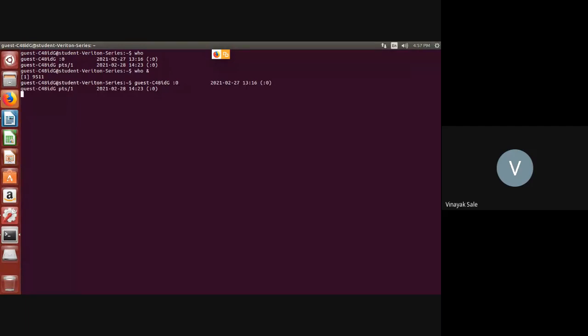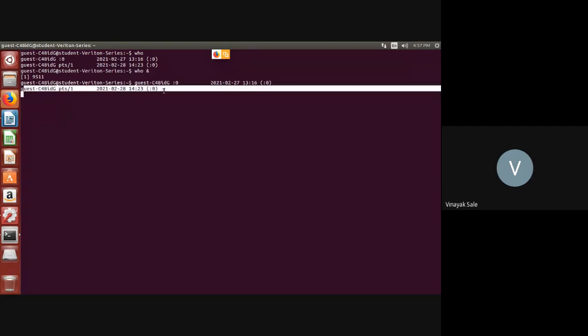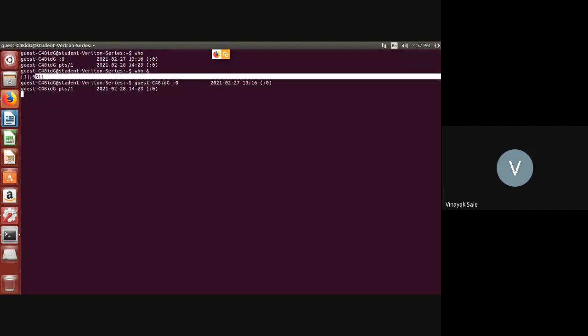The system executes the program who in the background and the shell is ready to accept another command immediately. It gives who is presently accessing, at what time and what date. And which process is currently ready to execute.